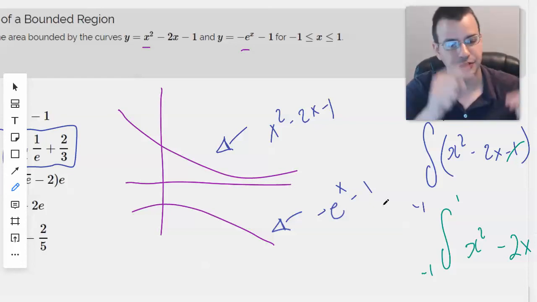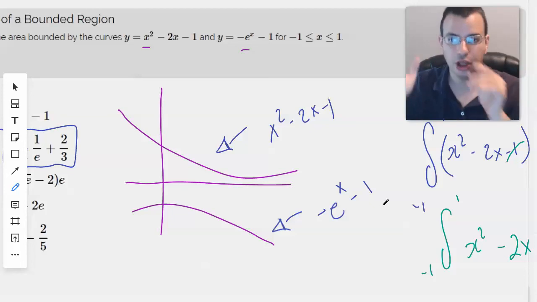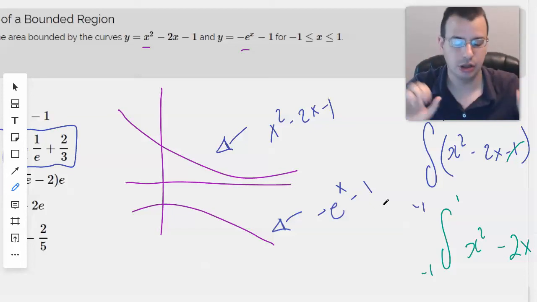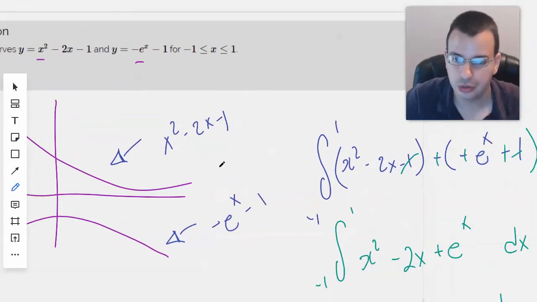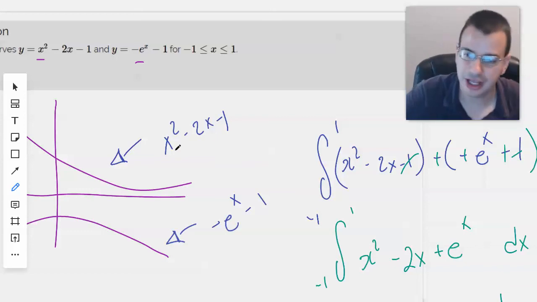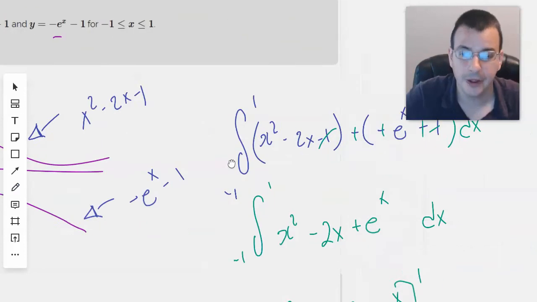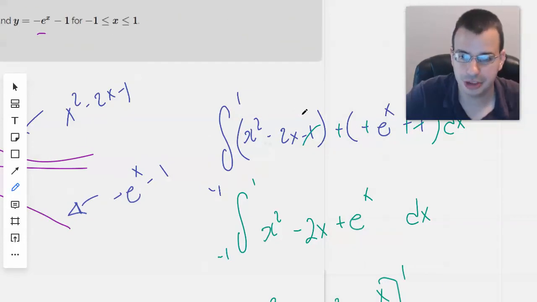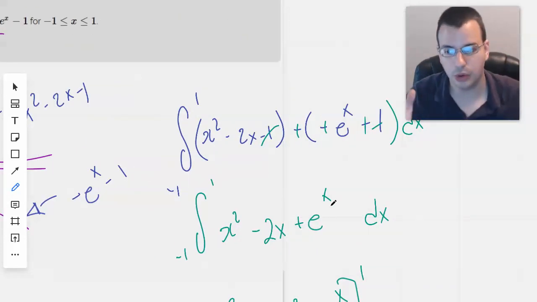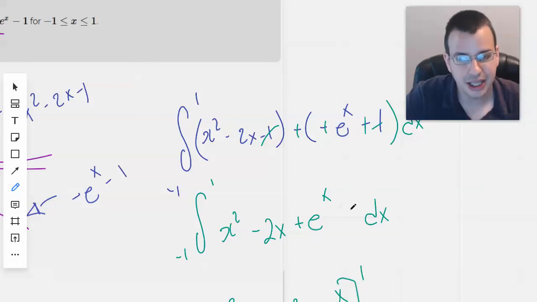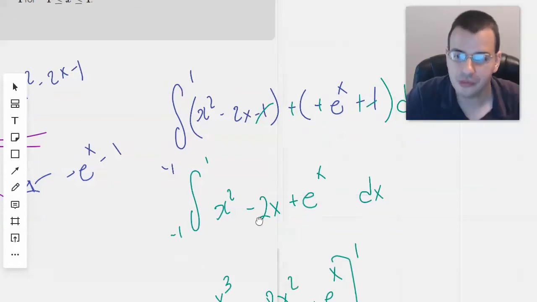And so then we would have to be careful on which equation we subtract from the other one. Long story short, we found out through graphing that x squared minus 2x minus 1 is greater than negative e to the x minus 1 for the interval negative 1 to 1.